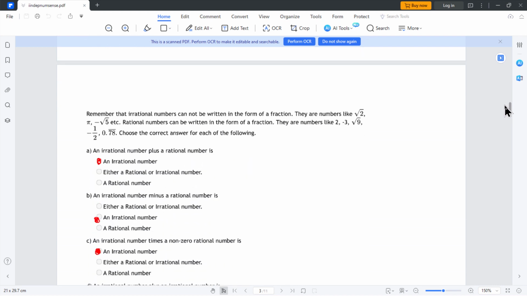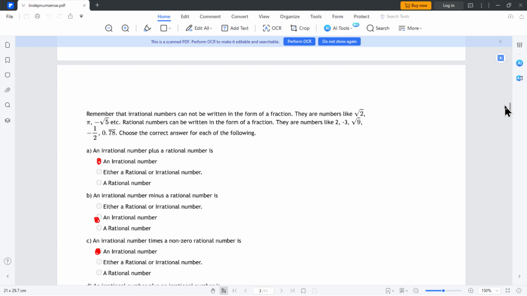Question 4. Choose the correct answer. An irrational number plus a rational number is an irrational number. An irrational number minus a rational number is going to be an irrational number.